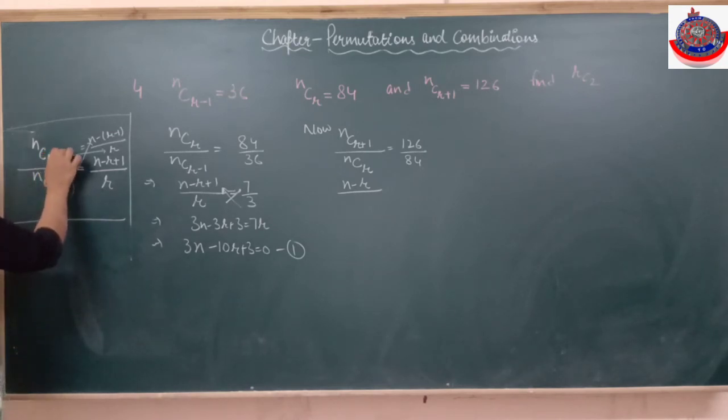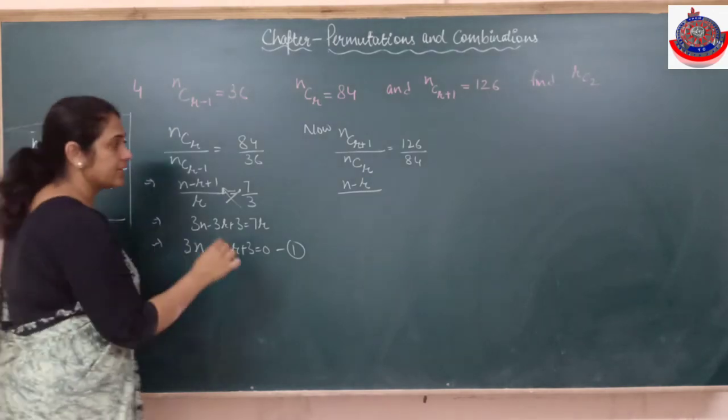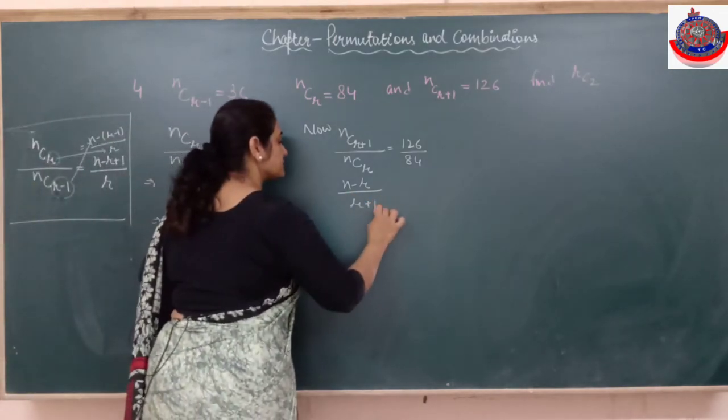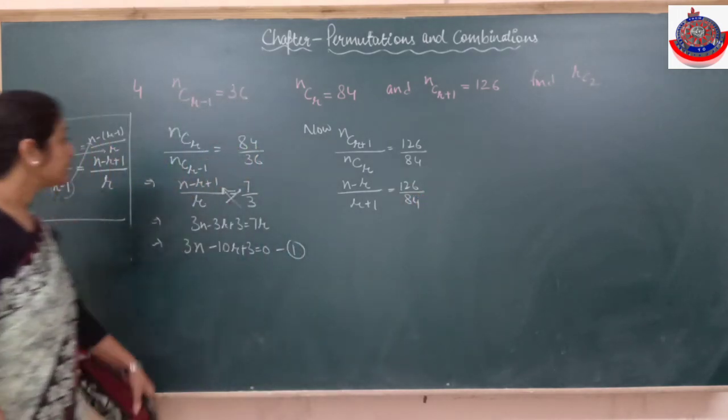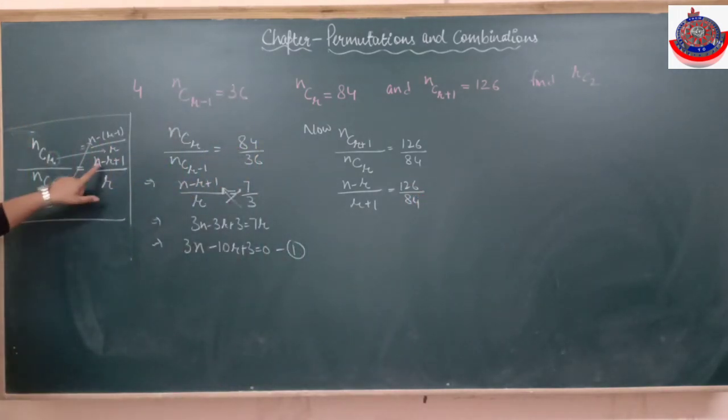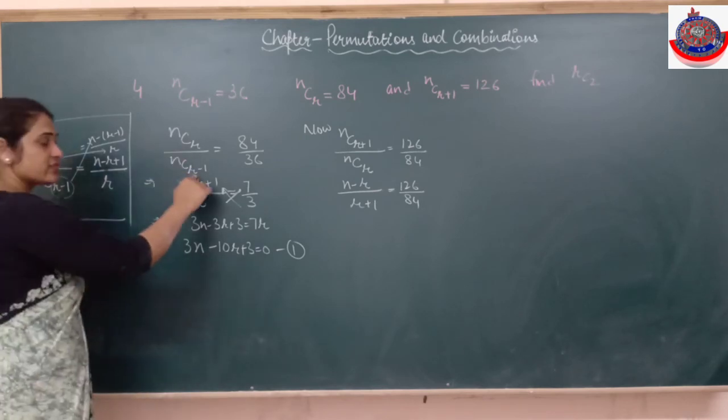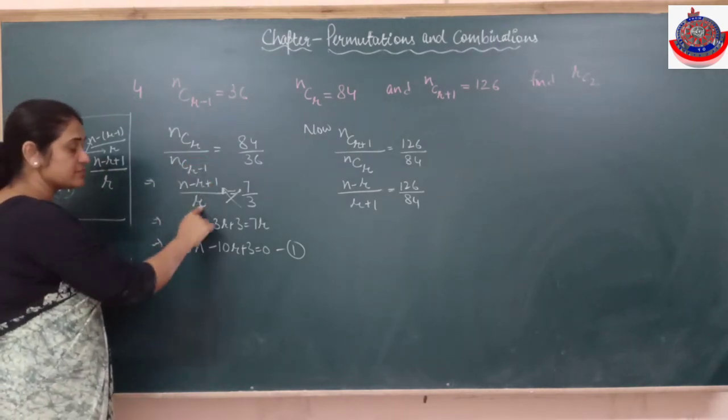Whatever is here, that comes in denominator. Got it? Clear again? What did we do above? From n, this one has to be subtracted, and the r written here comes as it is.